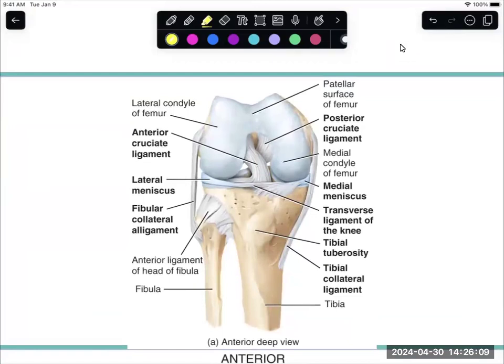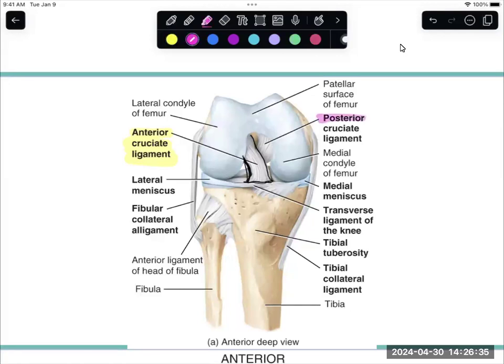Our knee joint, let's start with our cruciate. We have our anterior cruciate ligament. This anterior cruciate ligament is going to start at the front of that tibia, and it's going to attach to the posterior part of that femur.